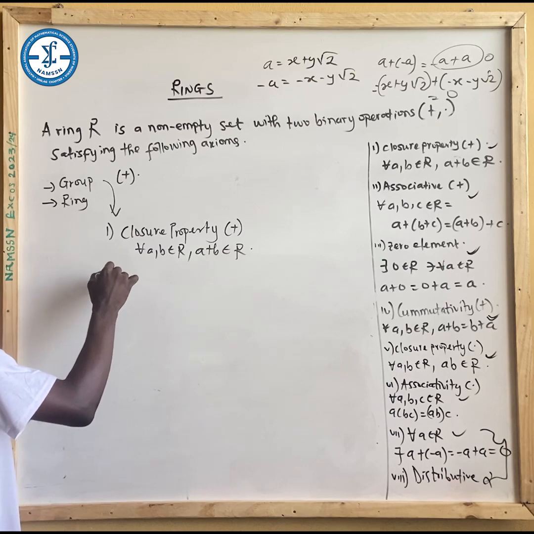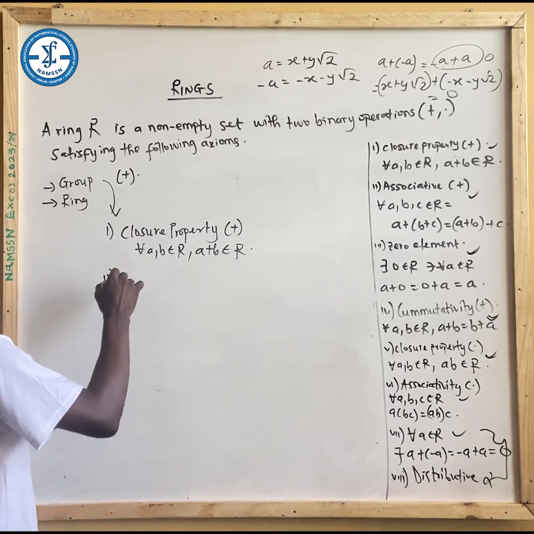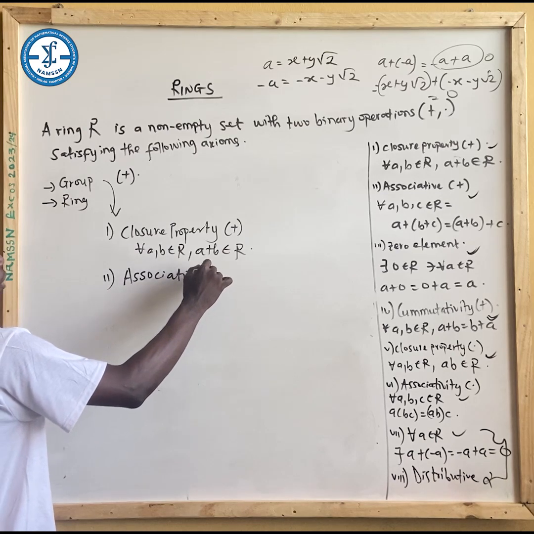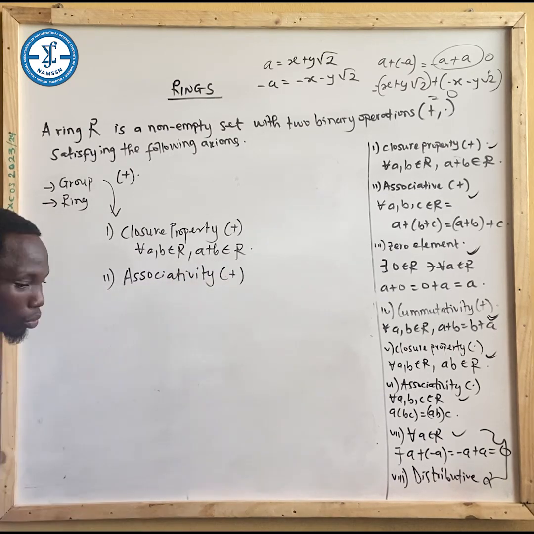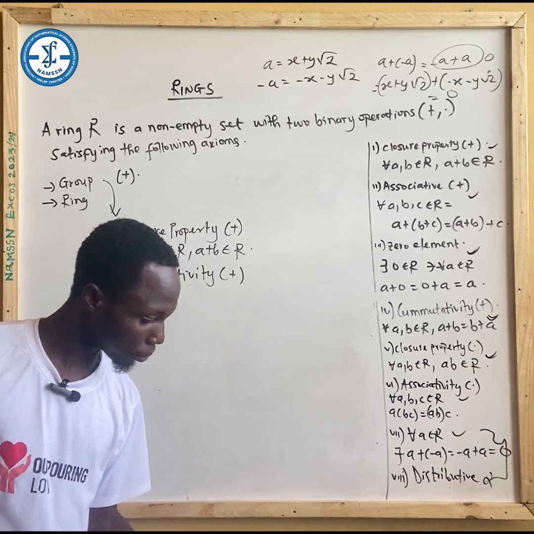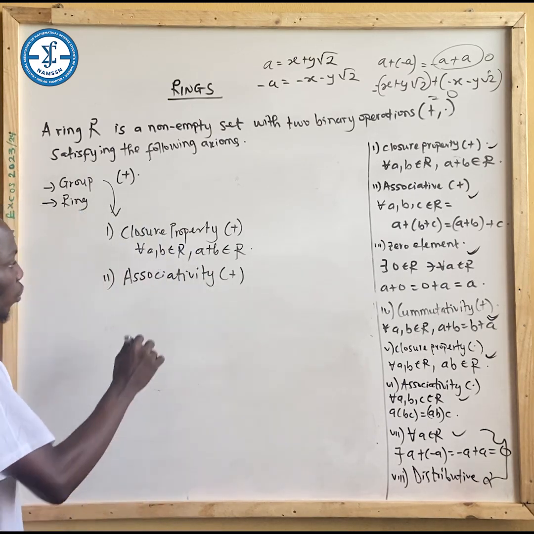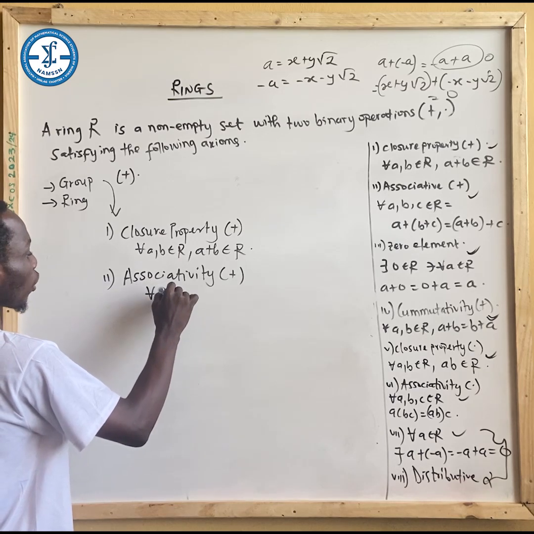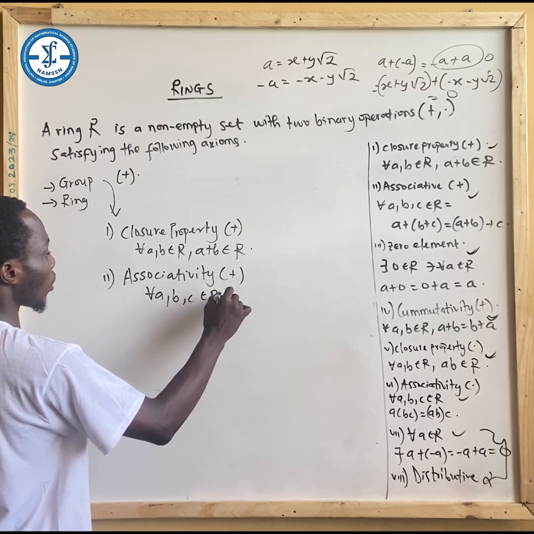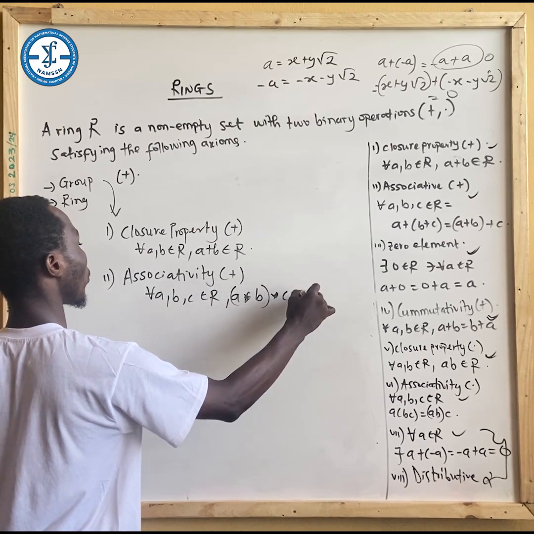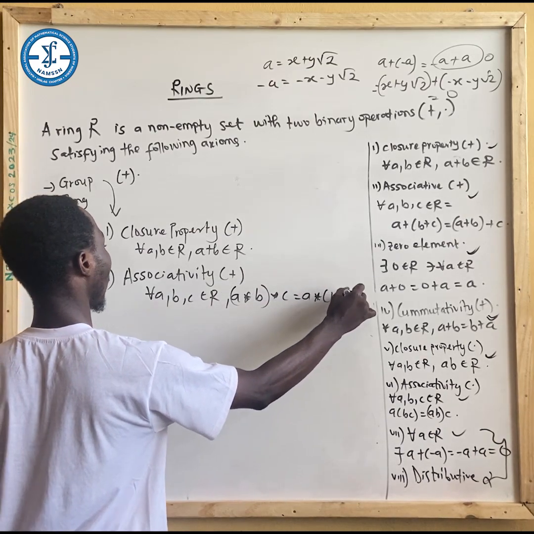The second one we also proved was associativity. If you take note, we also only use the addition, if I'm correct. So I said for all a, b, c in R, (a star b) star c is equal to a star (b star c).